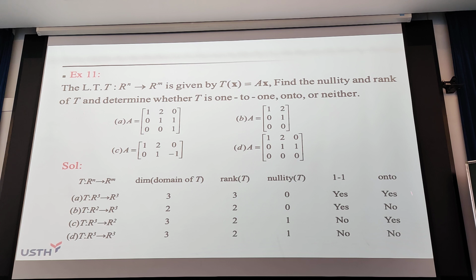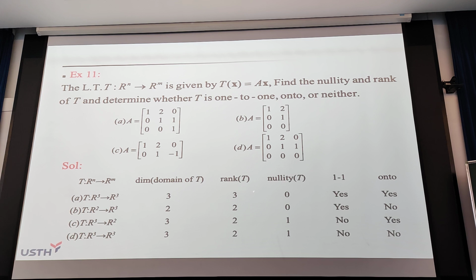And the last one, onto. We need to see if it is onto or not, then we need to compare the dimension of the range and the dimension of the codomain.